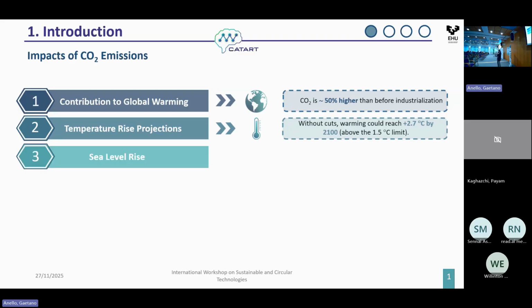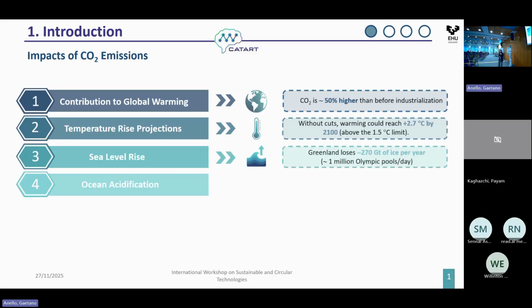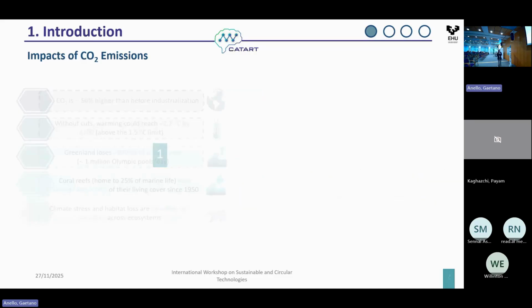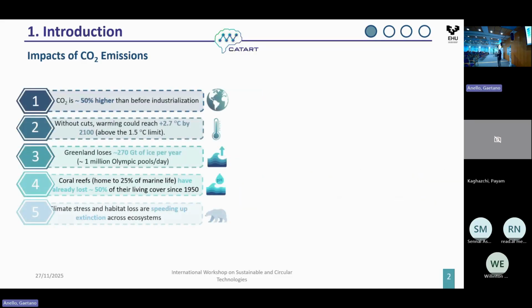Due to this, we are also going to have sea level rise. Greenland is losing tons of ice per year. Moreover, with ocean acidification, we are losing a lot of biodiversity, and following up on this, we are also speeding up the extinction of a lot of species that we know nowadays. So we need somehow to reduce all these emissions.